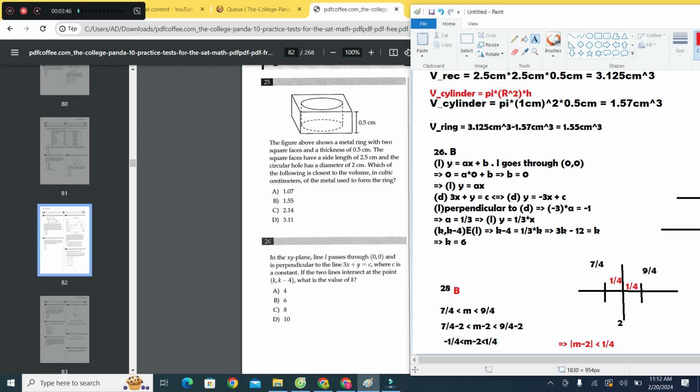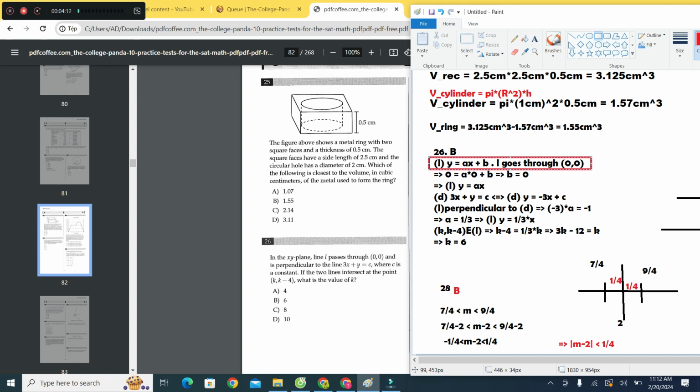First of all, we're going to consider that the line L goes through the origin, which is 0, 0. So we're going to assume that L has the form y equals ax plus b. Because L goes through 0, 0, we can substitute 0 into x and 0 into y to yield 0 equals a times 0 plus b.